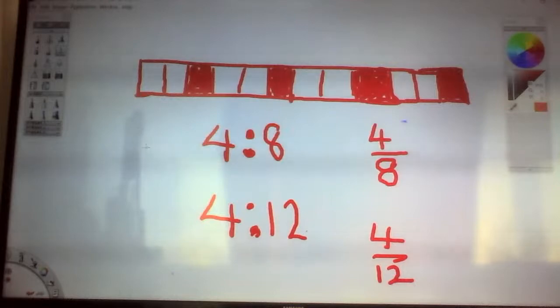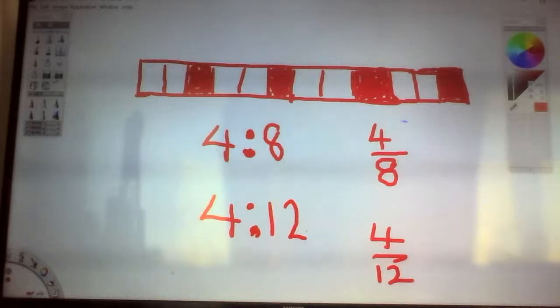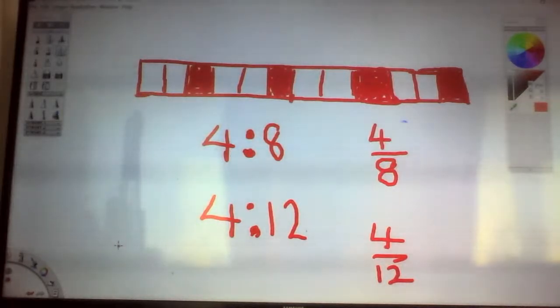Right, so you should now be doing question B. So go ahead with question B. I wonder if there's a different program I can use that will give me a straighter edge. This program doesn't give me a straight edge.